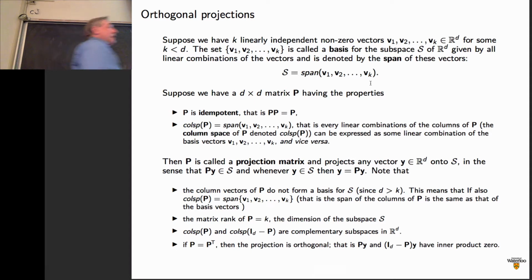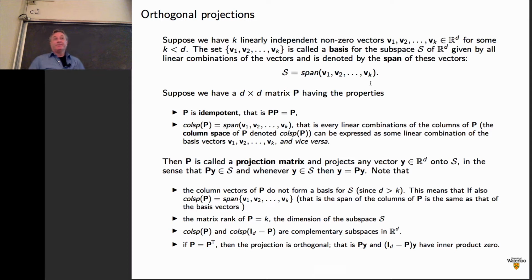So P takes a vector y and pushes it into whatever the column space is of the matrix P. And it does that, it's a projection. And the indication that it's a projection matrix is that if I do it again, nothing happens. P times Py is the same as Py. And that's where that idempotency comes in. Okay?